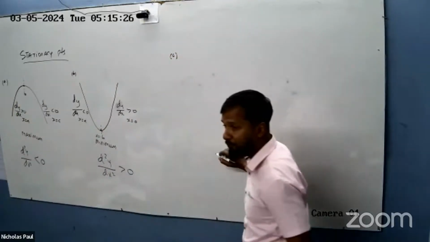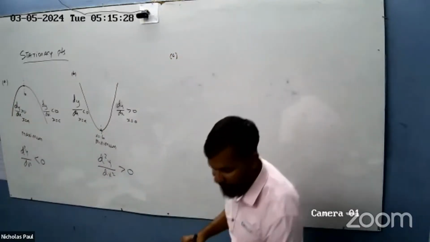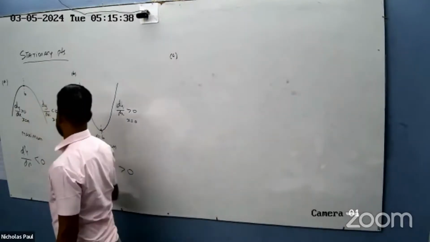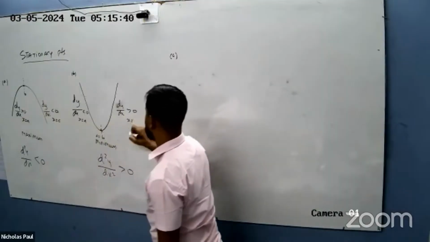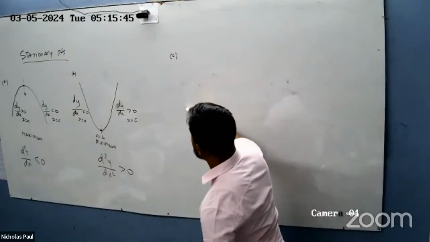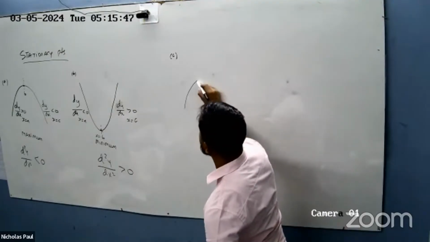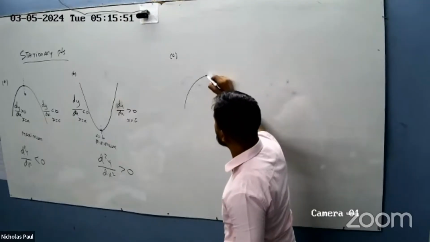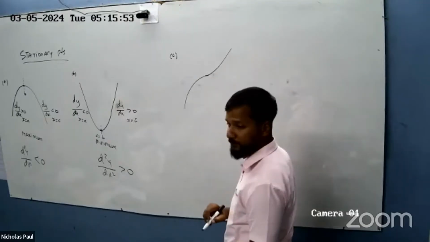What is here? Some stationary points look like this. A, B, C. Here now, what is here? There's a special stationary point, so the function increasing when it reaches here, it's not going to decrease. It's going to continue to increase.